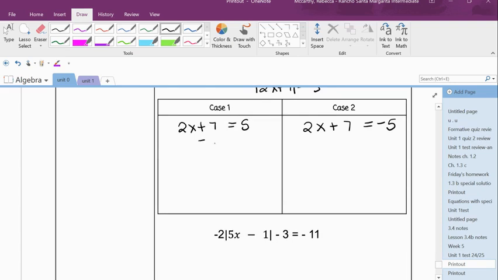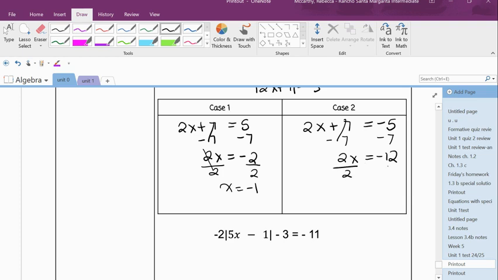I'm going to subtract 7 from both sides, and I get 2x is equal to negative 2. I divide by 2 on both sides, and I get x is equal to negative 1. I'm going to subtract 7 on this one, and I get 2x is equal to negative 12. Divide this by 2, and I get x is equal to negative 6, and those are my two answers.